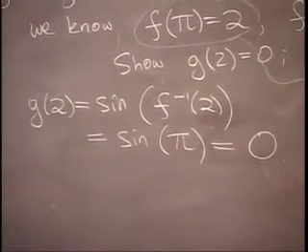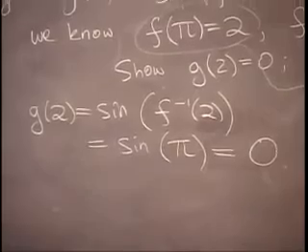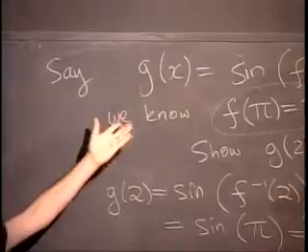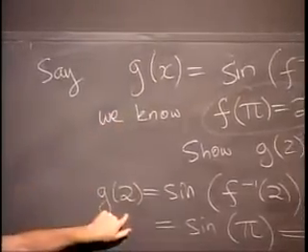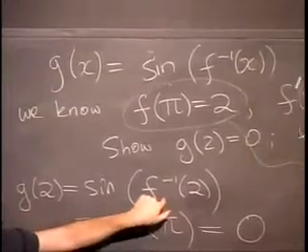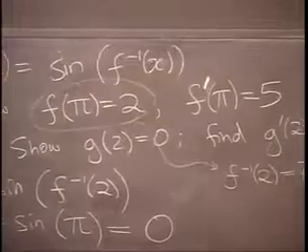Sure, I'll work through all the steps. I started off with g of x is sine f inverse of x, right? The original function. I need to show that g of 2 is 0. So I start off with g of 2. I take the original function, and I replace x by 2. Okay, so I just need to find what f inverse of 2 is, right?